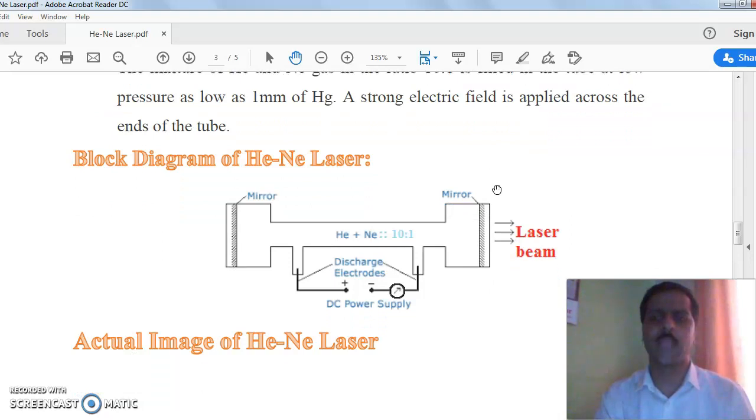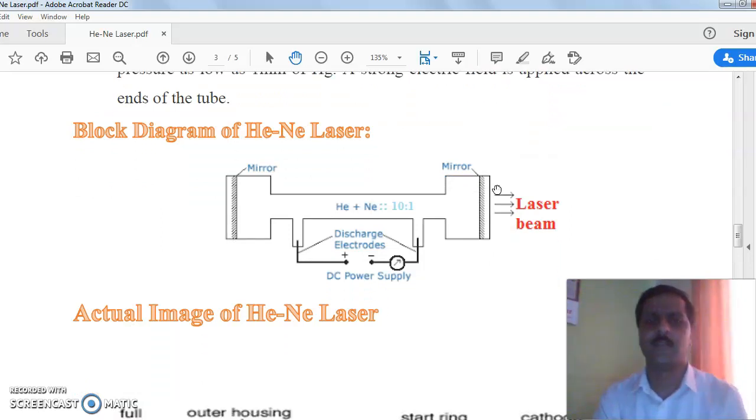Come to the block diagram. The helium neon laser consists of a discharge tube in which helium and neon gases are filled at low pressure in the ratio 10:1. The two ends of that discharge tube are closed with the help of mirrors.